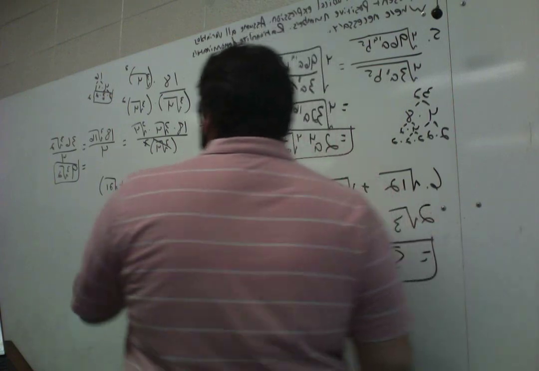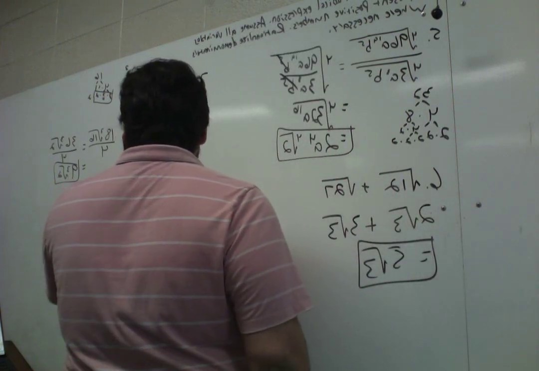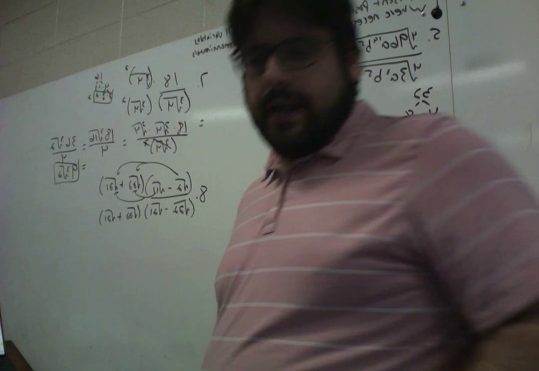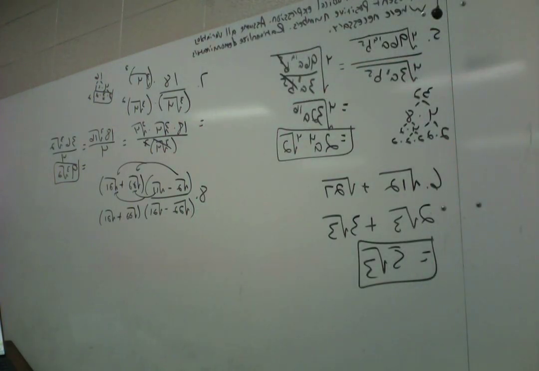We definitely FOIL out the numerator: first, outside, inside, last. I need my calculator for this.